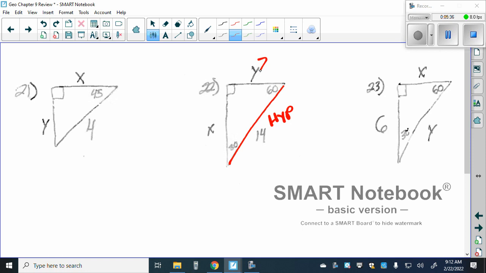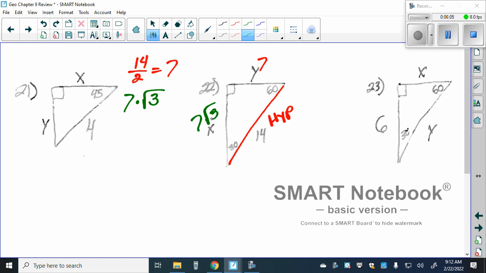Since y is opposite the 30-degree angle, it's the short side, because we take 14 divided by 2. And to get x, the long side, we take 7 and multiply it by the square root of 3, which tells us x is 7 square root of 3. And that's it, just going off the shortcuts.